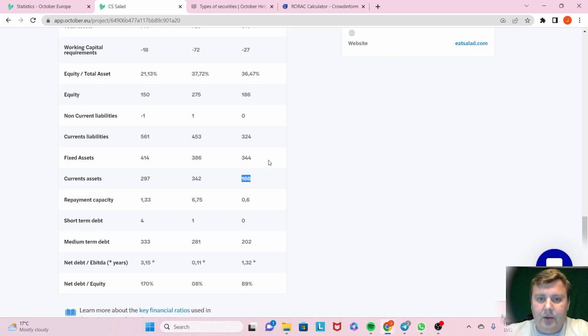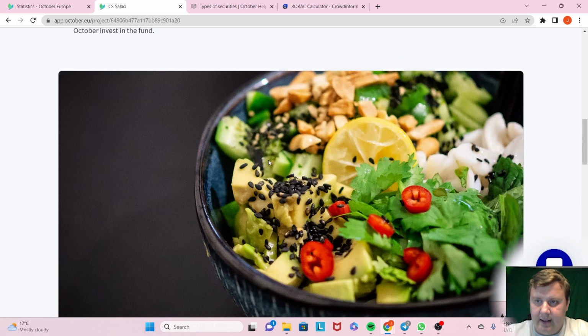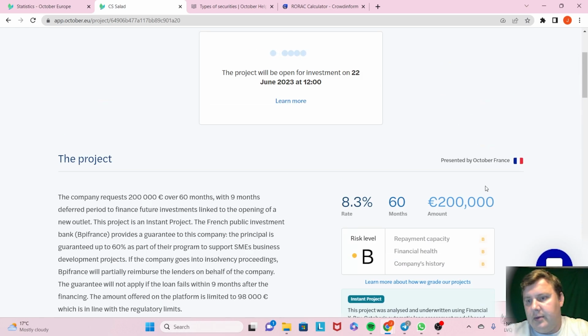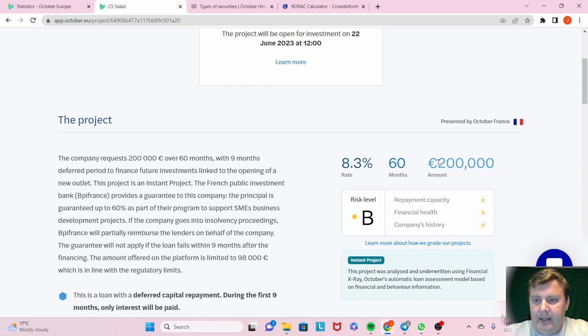Usually you can estimate that you will get something around 20%. And 20% of 500,000 means we are getting 100,000 euros, which basically means that our loan will be fully covered and we are not losing any money.